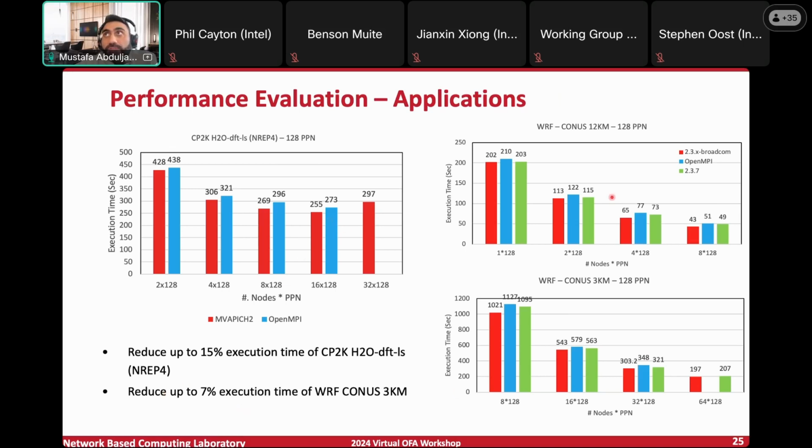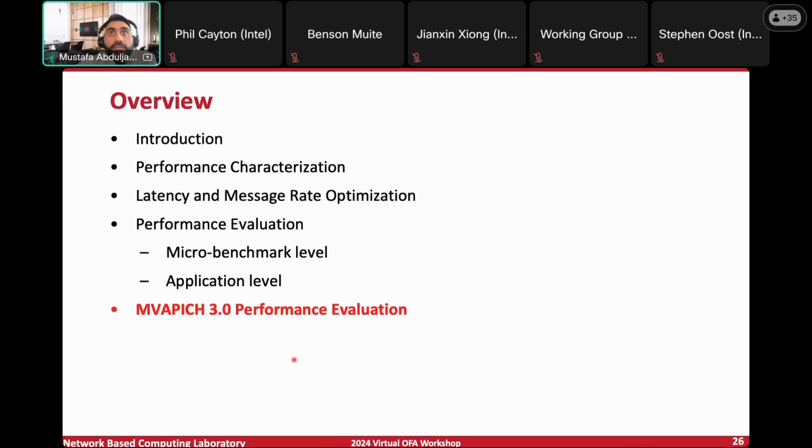And we have up to 7% for WRF with 2 resolutions of 12 kilometers and 3 kilometers for the CONUS dataset. For applications, we usually celebrate 10% and 15% performance benefits if these are coming from the communication middleware, because applications run for long times, and that means direct reduction in core hours as well as energy consumption.